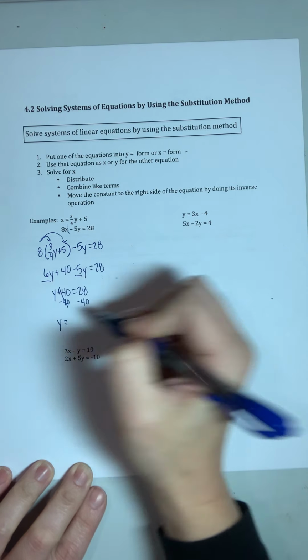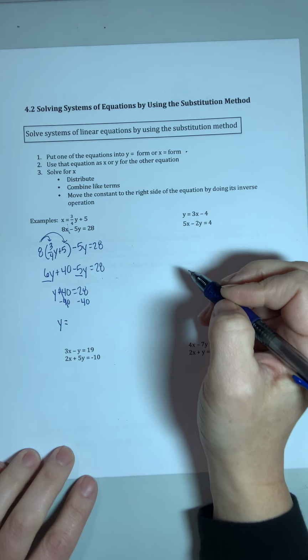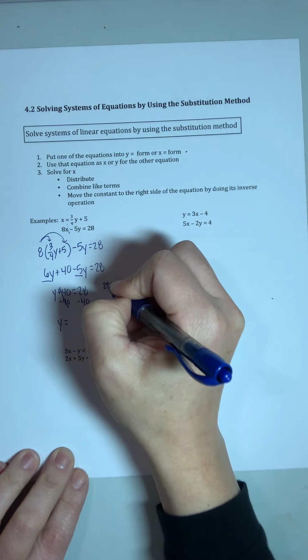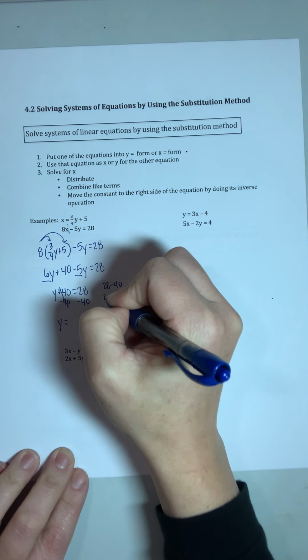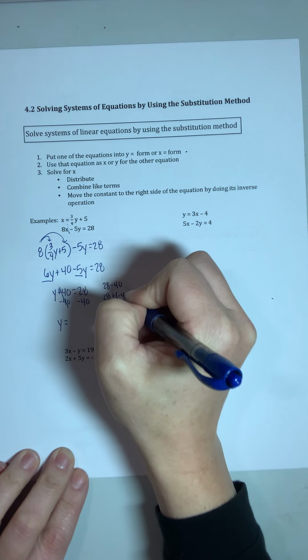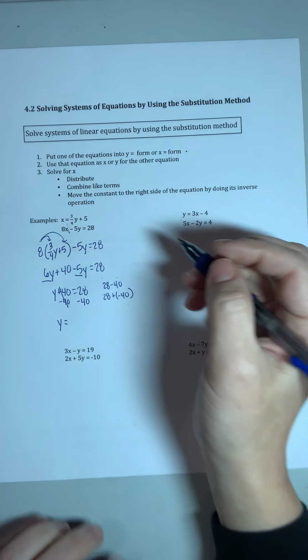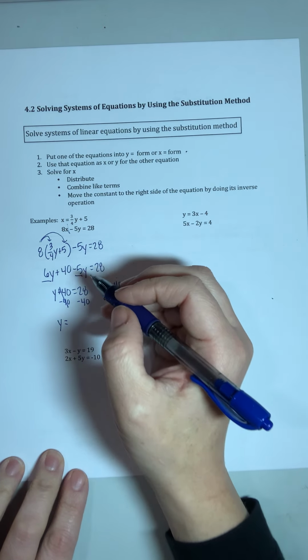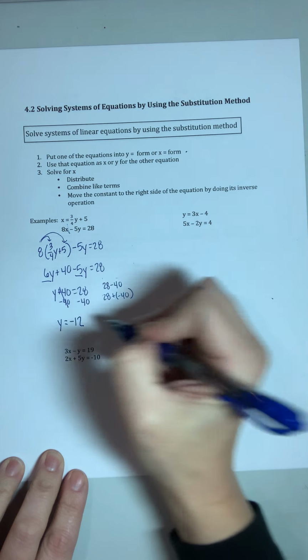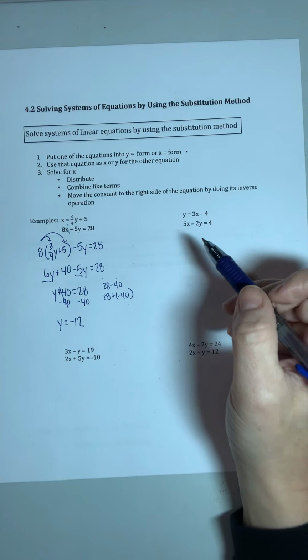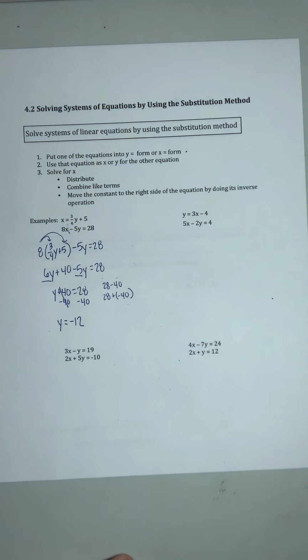So y equals 28 minus 40, which is the same as 28 plus negative 40, which is one of each, so we're going to subtract, and 40 minus 28 is negative 12. So we found out what y is.